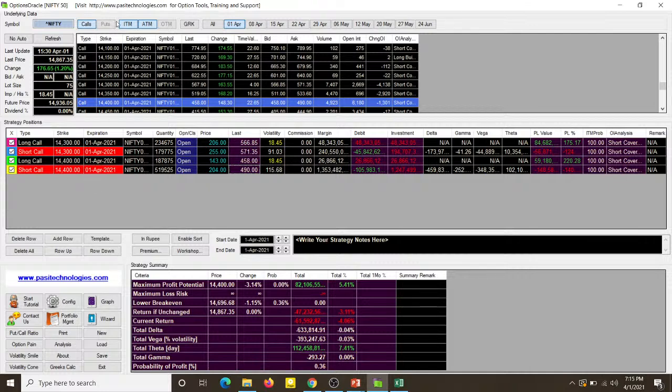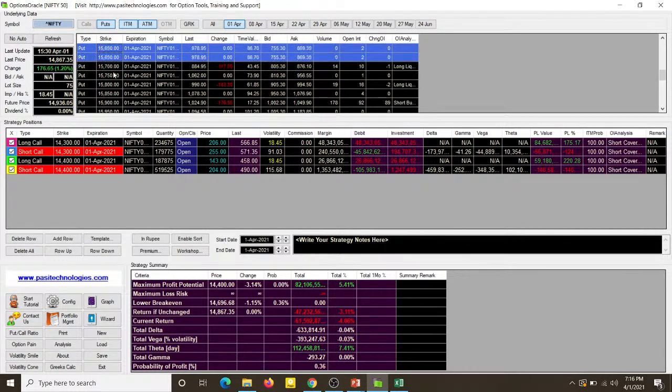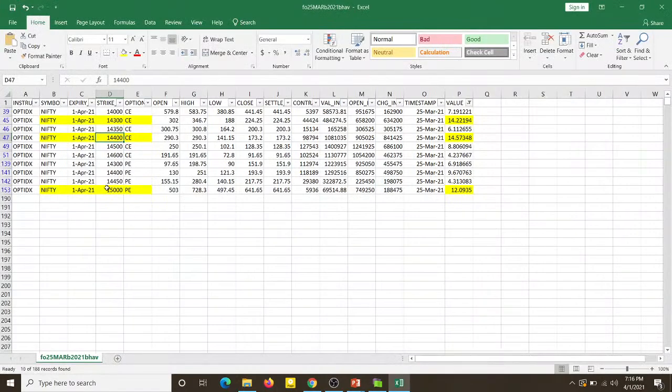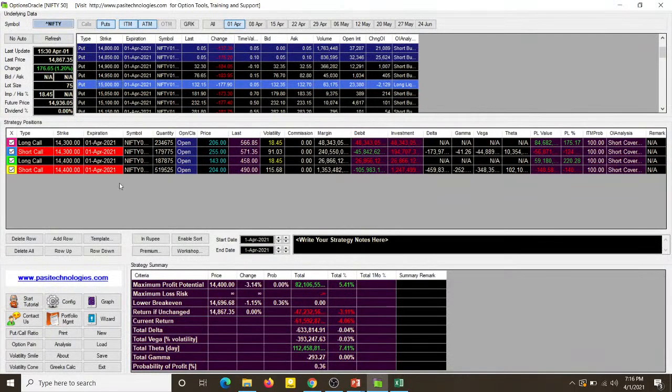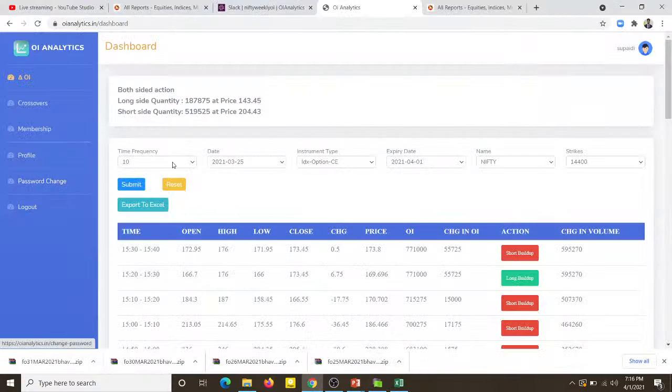Now also let's look at the put side. So if you remember, it is 15,000 put that we have to add, this strike. Fine. This is the 15,000 put. Let's also check the data for 15,000 put.